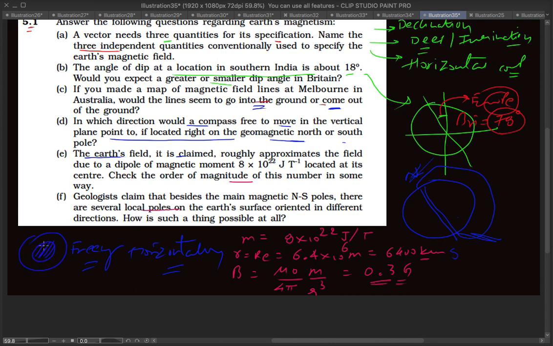But at different locations, due to excavation or increment or decrement of material in the crust, there is a chance that there might be a change in the Earth's surface or local poles. So yes, it is true. Such things are possible only because on the crust of the Earth, the amount of different materials is different.